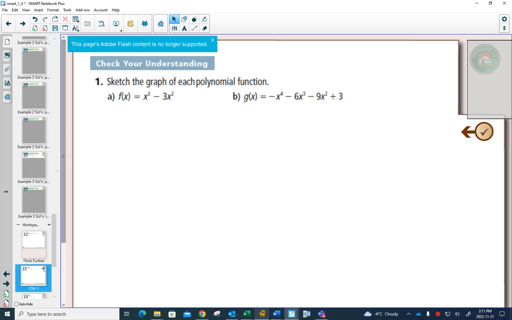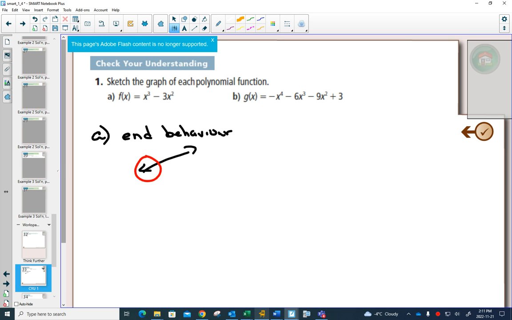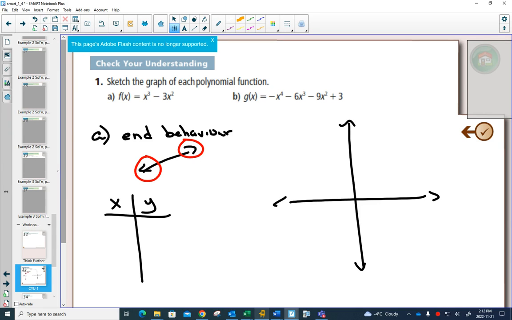And in example 1, the first thing they would want you to do in A is, do we know what the end behavior looks like? Yes. The end behavior is going to act like a line and start down there and end up there. So if I was going to sketch a graph, and this is always true of any graph, if you want to sketch a graph, you could just find a bunch of points.